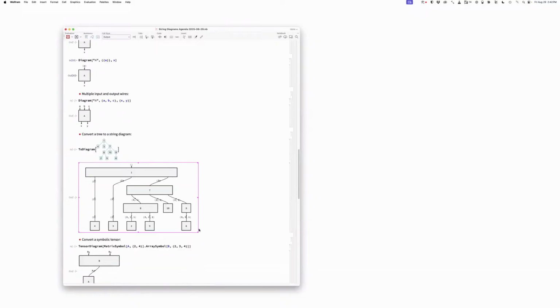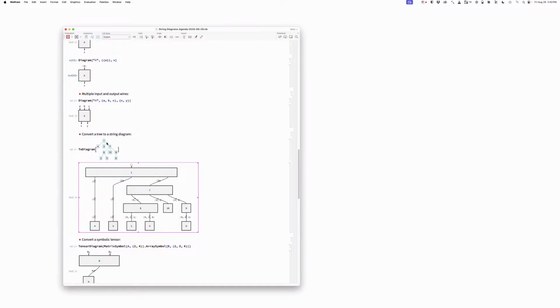So this is showing what we were saying earlier, that trees are a special case of string diagrams. You have many outputs, only one input. I don't understand the labels on these. Those are just tree positions, which in principle could also label these edges.